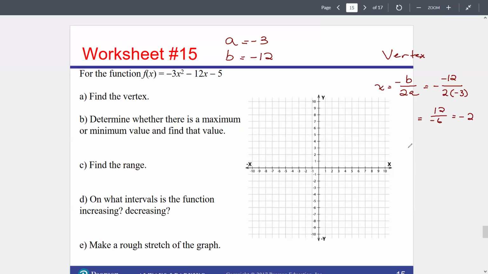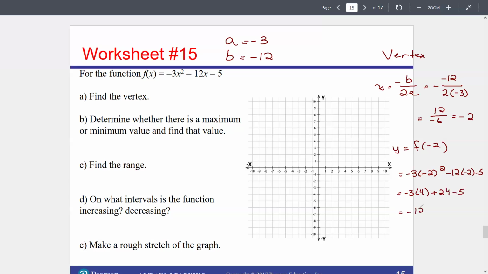Now, if I want my y, that's just f of negative 2. So that would be negative 3 times negative 2 squared minus 12 times negative 2 minus 5. Negative 3 times a positive 4, and this would be plus 24 minus 5.